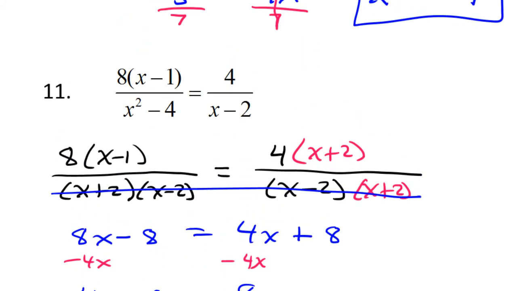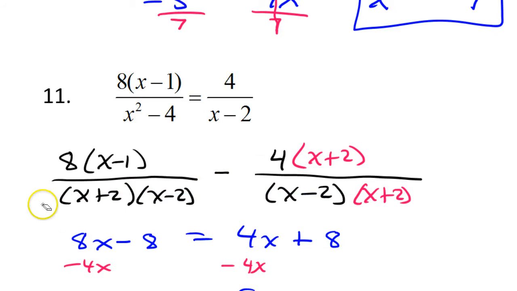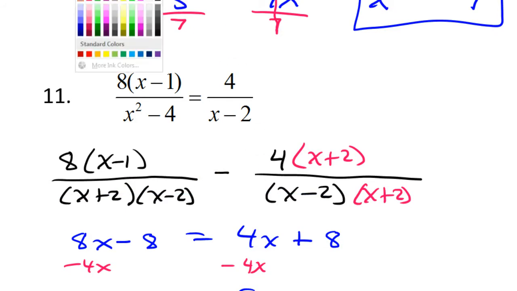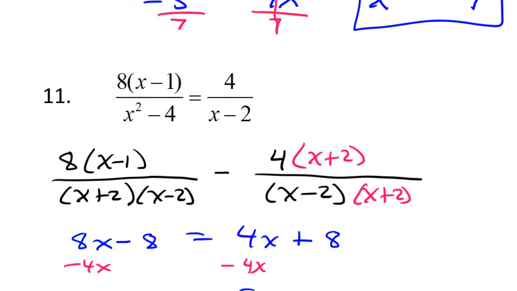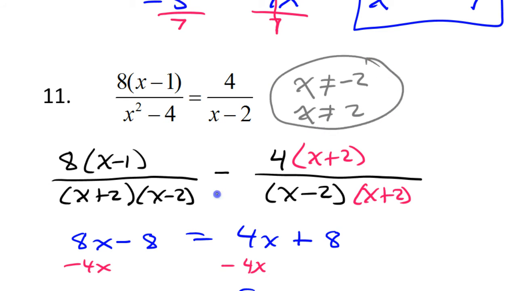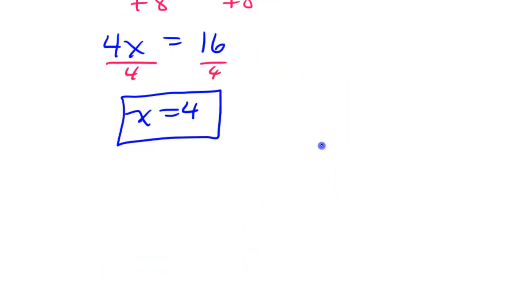Alright, so this form is probably the best form to look at for the excluded values. So looking at the x plus 2 and the x minus 2, that tells us that x cannot equal negative 2 because of the x plus 2, and x cannot equal positive 2 because of the x minus 2. So the 4 is fine.